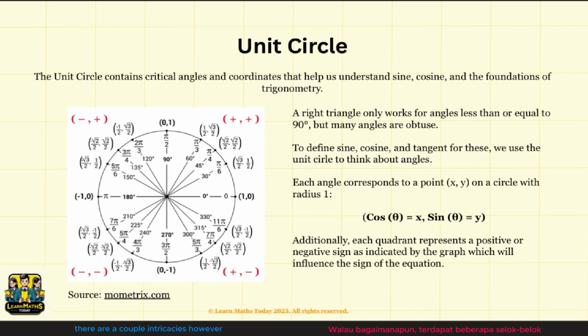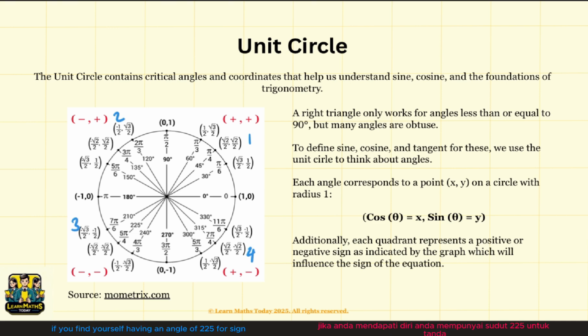There are a couple intricacies, however, to the unit circle that I'm going to review right now. First and foremost, there are quadrants on the unit circle denoted as 1, 2, 3, and 4. You'll often see them as Roman numerals, but all you really have to know is that they're 1, 2, 3, and 4. And each quadrant has signs associated with it, meaning if you ever obtain an angle of 210 degrees for cosine, your answer should be negative because it's in the quadrant where the values of cosine are negative.